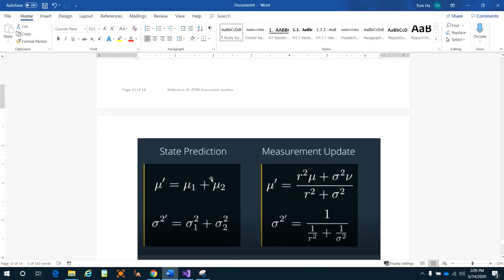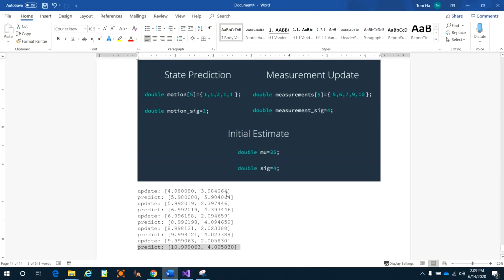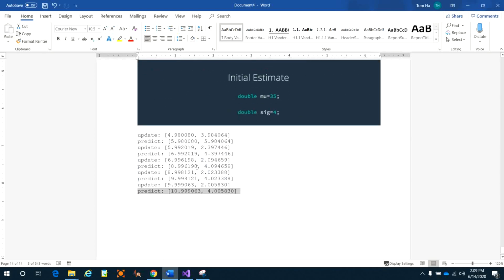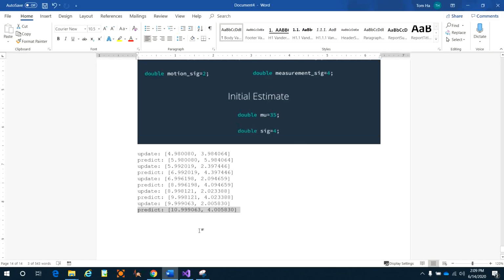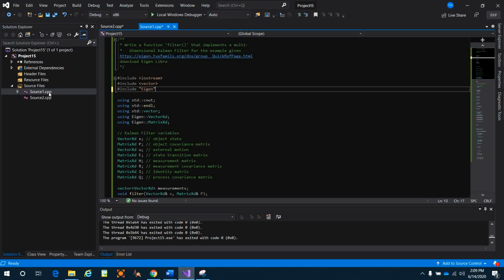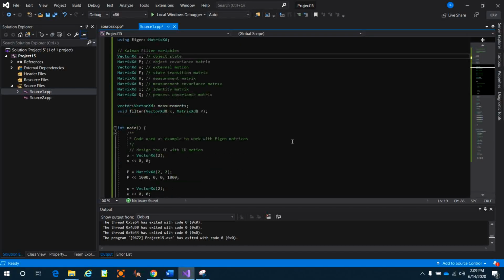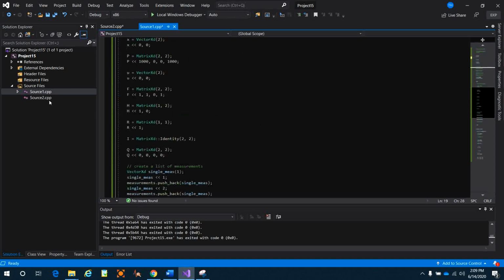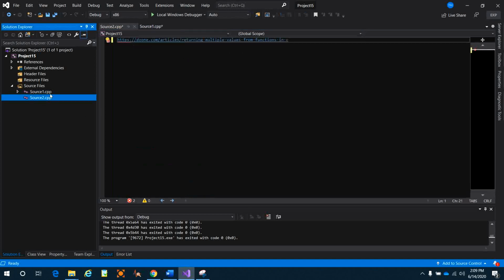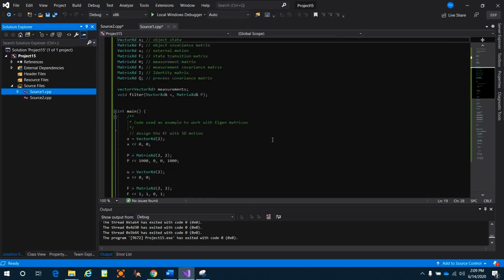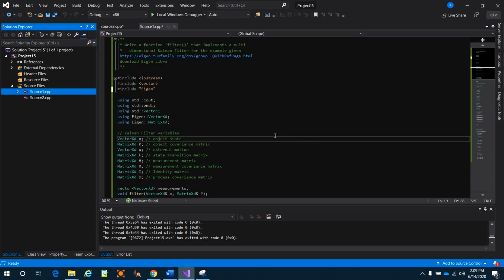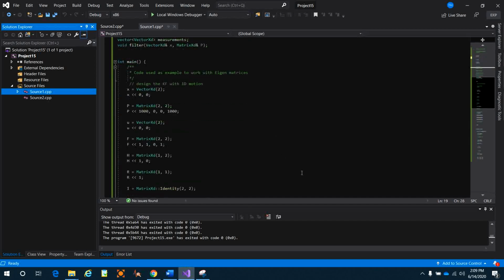So, how to program. I want you to program this to get a result and see the difference between the updated measurement and the prediction state of the robot. You can use Visual Studio, and download it from Visual Studio 2019. It's a really good environment.